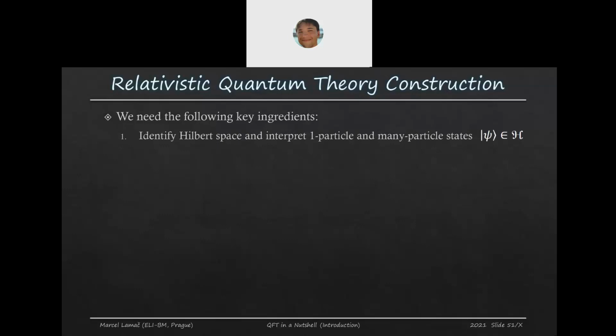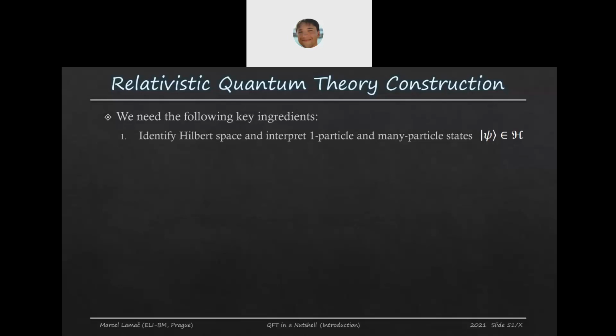In quantum mechanics, when we move from classical mechanics to quantum mechanics, we need some states in the Hilbert space, right? This is the postulate that we have a Hilbert space and some states, some vectors that are part of it. So we need to identify what this Hilbert space is, and we need to interpret the states in this Hilbert space.